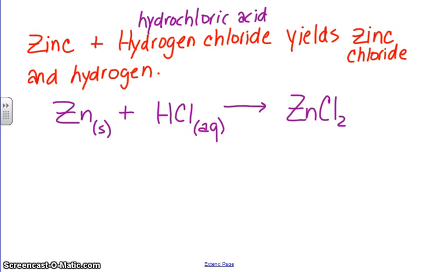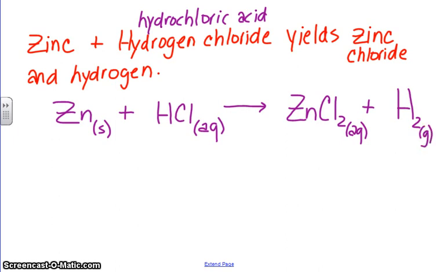And this is going to be aqueous. Plus hydrogen, and what do we know about hydrogen? H2, because it's a diatomic. And H2, hydrogen, is what state of matter? Gas.